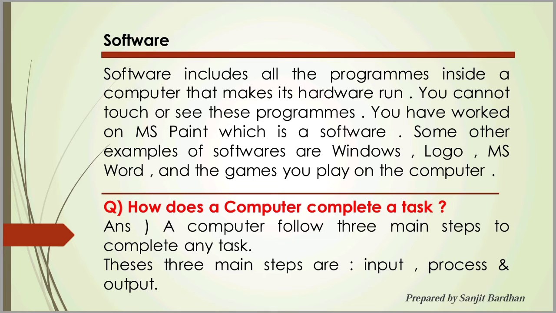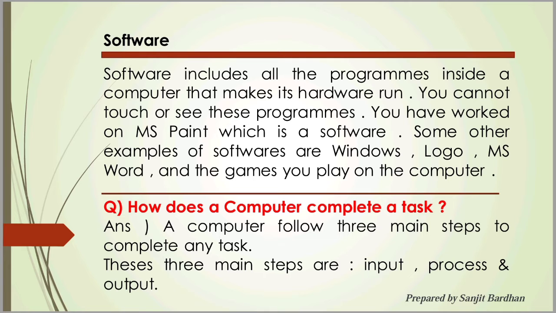The next part of the topic is how a computer completes a task. A computer mainly follows three main steps to complete any task. These three main steps are input, process and output.